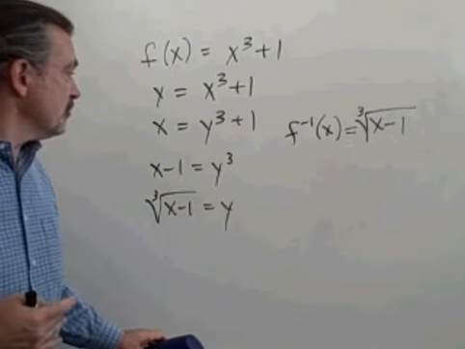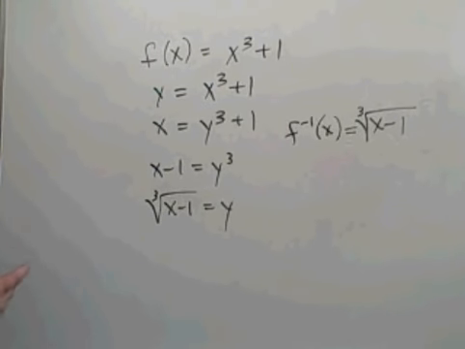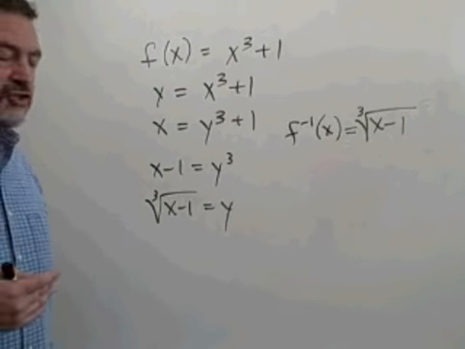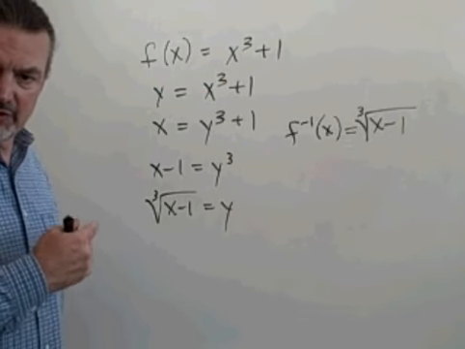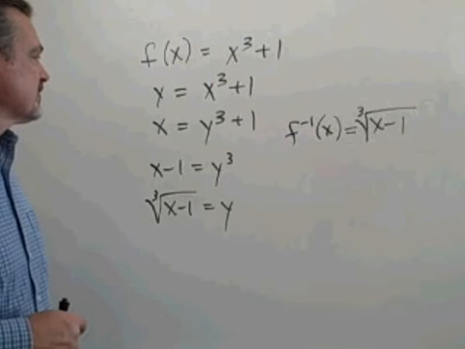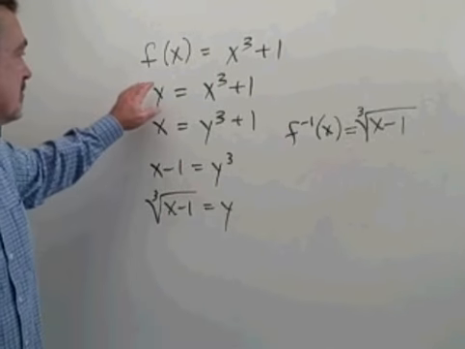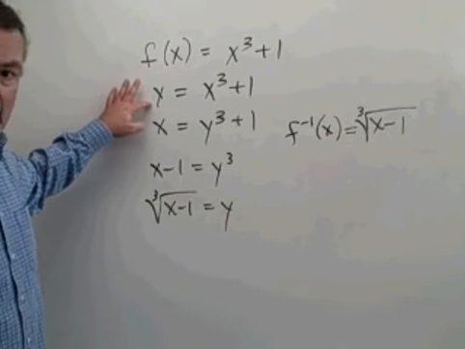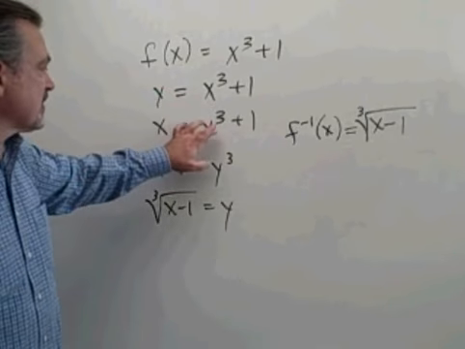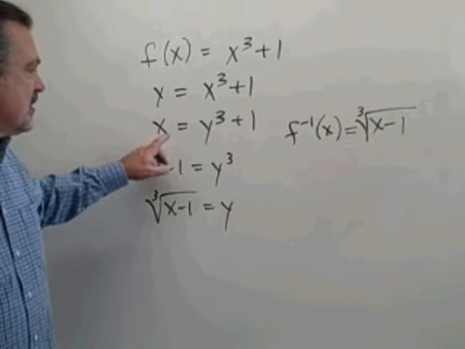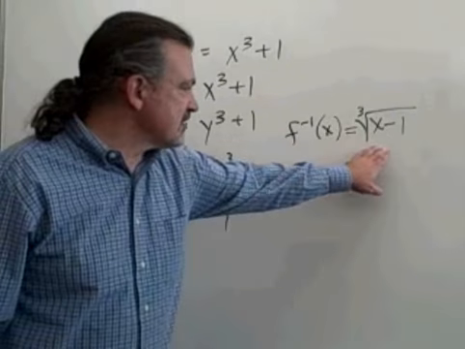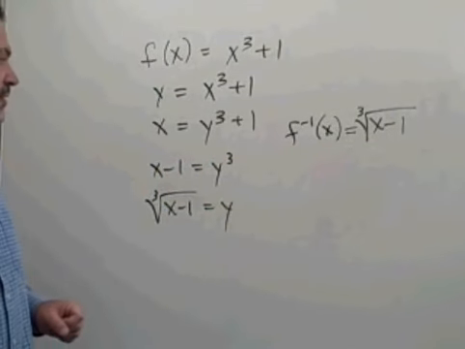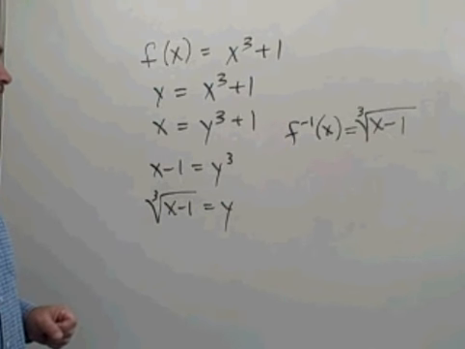And again, to prove that we have really found that inverse, we need to show that f composed with f inverse and f inverse composed with f both equal x. So again, that process is replace f of x with y, interchange the x and the y in the equation, solve the equation for y, and this expression then is the expression of the inverse of that original function.